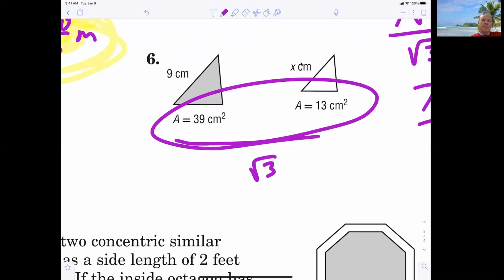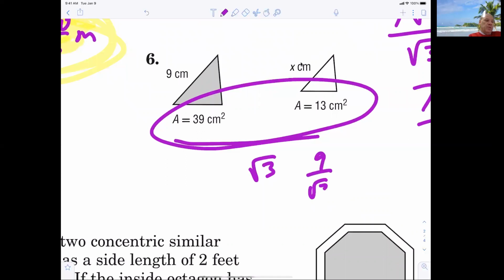Yes, it is 9 divided by radical 3, which is what? Thank you, Sam. I knew I could count on somebody. 3 radical 3 is the answer. And it's about what, 5.1? Somewhere around there.